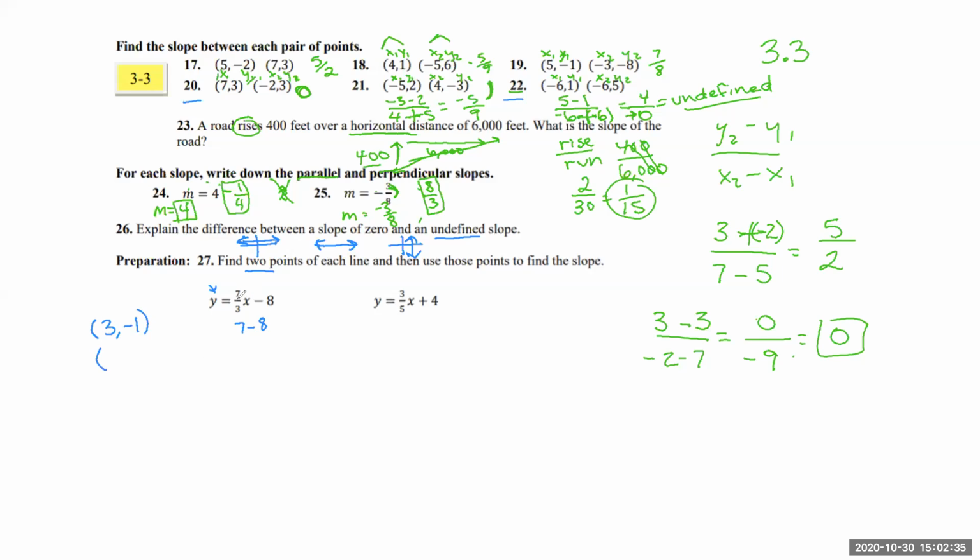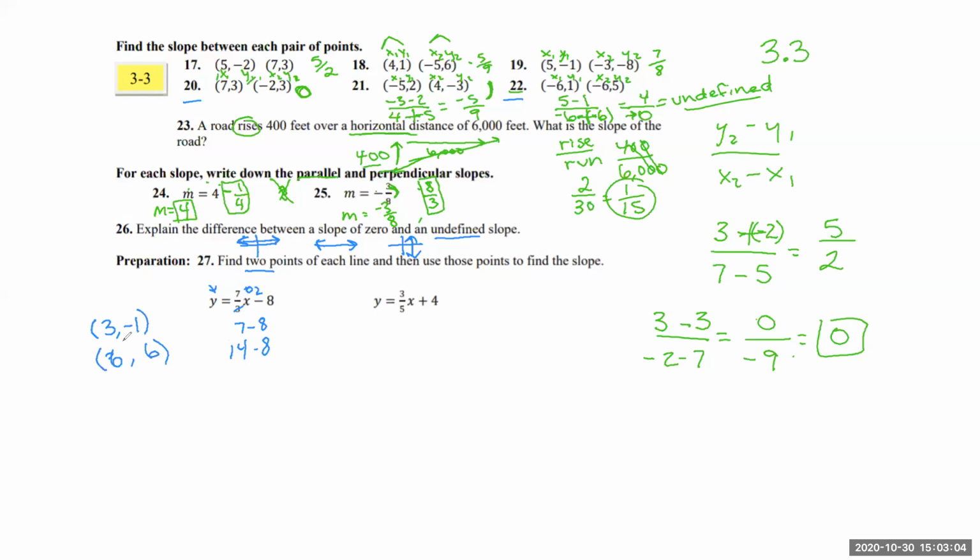to cancel out, which in this case, I'm just going to stick with multiples of 3. And let's go with 6. So 6 divided by 3 is just going to give us 2 on top. So now we have 14 minus 8, which is going to give us a 6 for the y value.